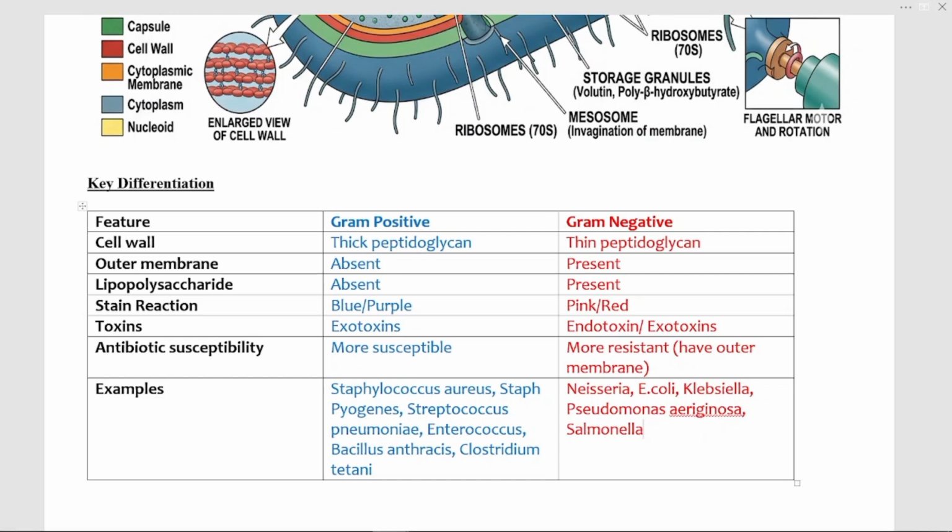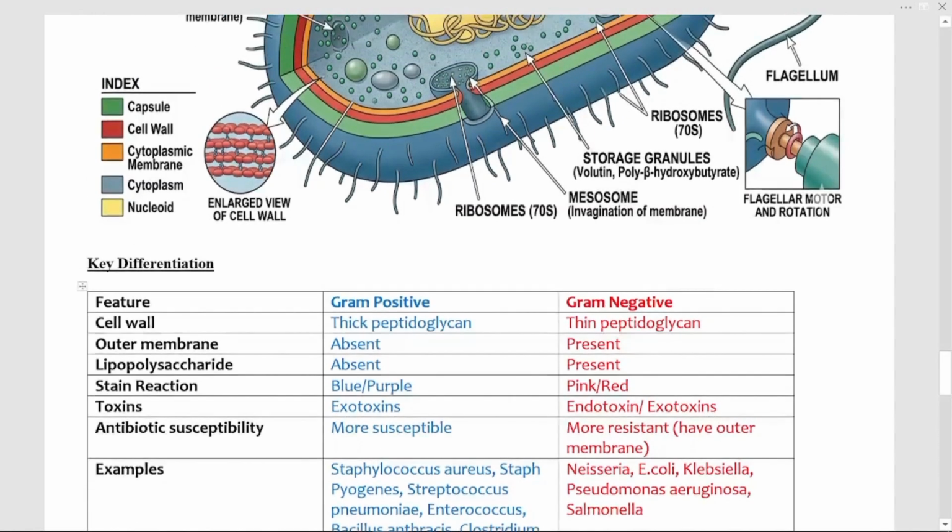I don't want to dig deep on the major ones, but just have a clear understanding of some of the common bacteria that fall under gram positive or gram negative. So this is just a summary of some of the bacteria that you have to know.